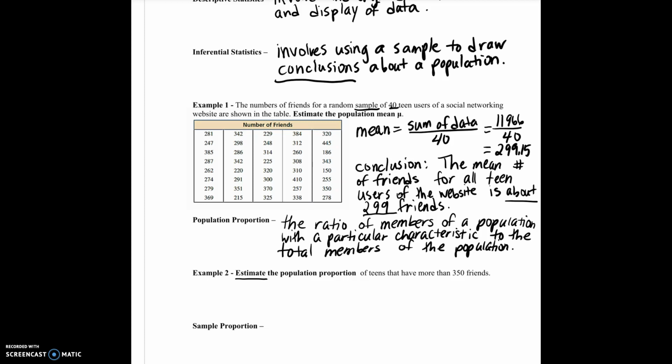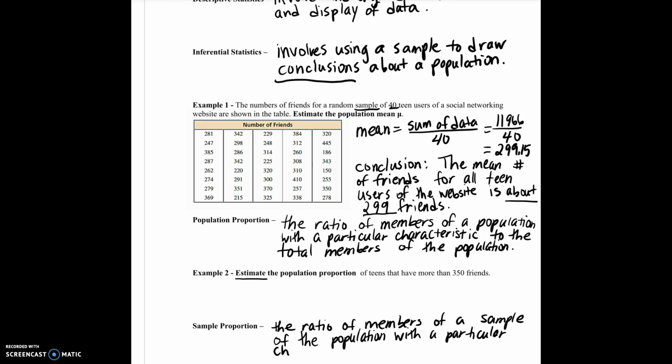So actually, before I do example 2, the sample proportion is the ratio of members of a sample of the population with a particular characteristic to the total members of the sample.